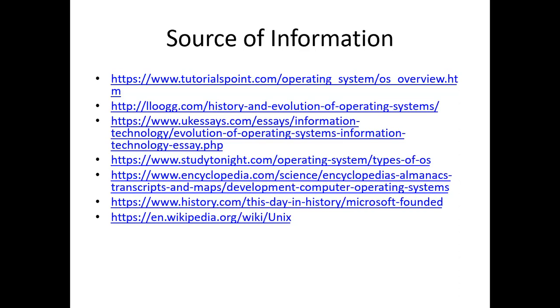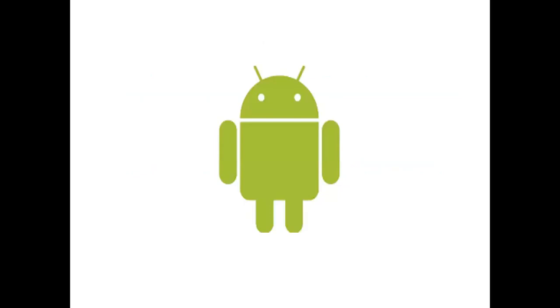So this brings us to the end of Unit 7. To summarize, we have spoken about the overview of the operating system: what is the operating system, how it works, and the functions of the operating system. We also looked at the evolution, or the history, or the beginning of operating systems.